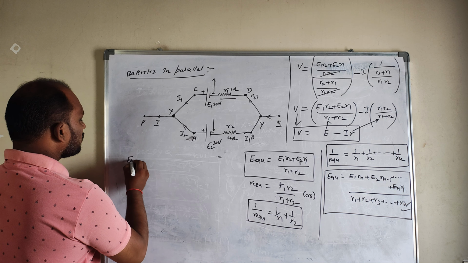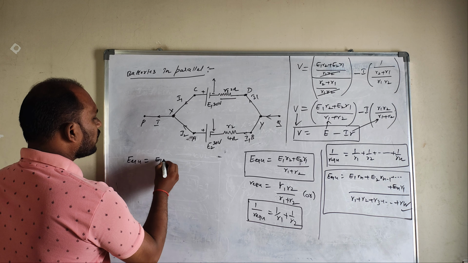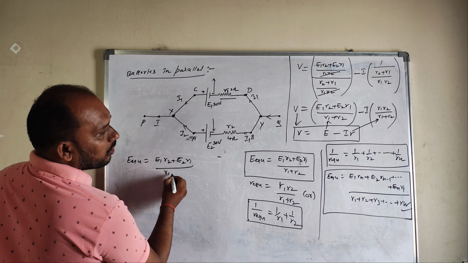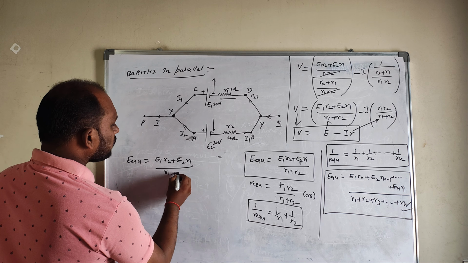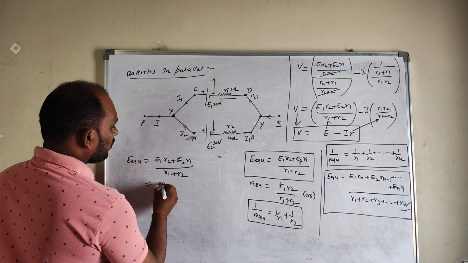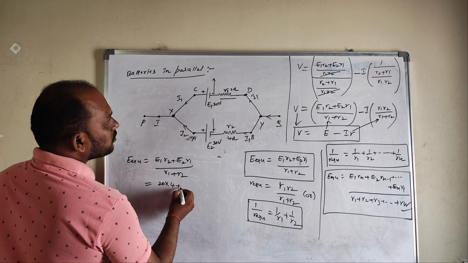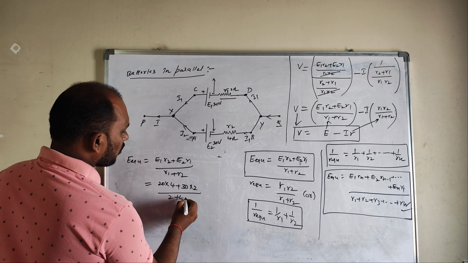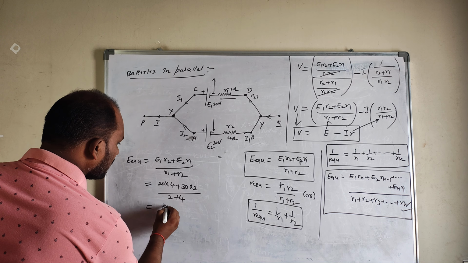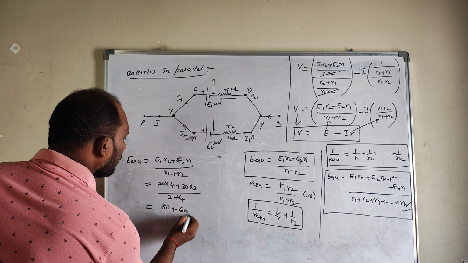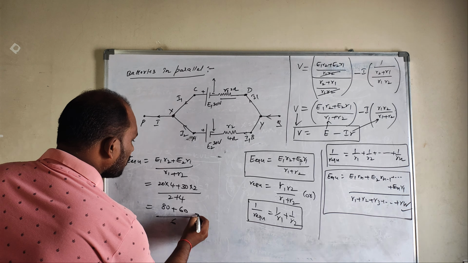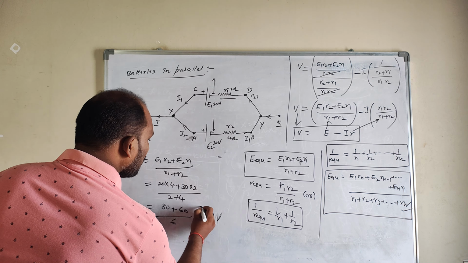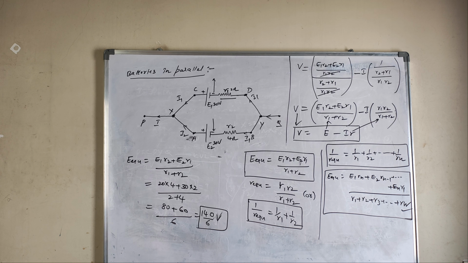The formula is (E1 R2 + E2 R1) / (R1 + R2). E1 is 20, R2 is 4, E2 is 30, R1 is 2, over 2 plus 4. So 20 into 4 is 80, plus 30 into 2 is 60, by 6. So 140 by 6 volts. This is the total EMF of the circuit.